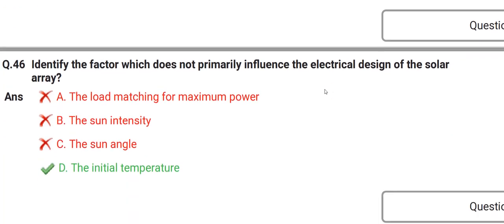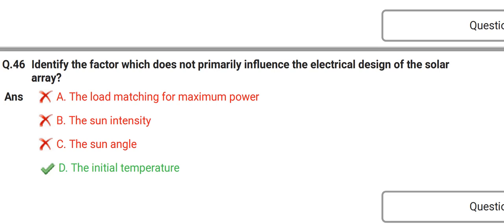Identify the factor which does not primarily influence the electrical design of the solar array. So which is not the primary influence? For maximum power we know that we have to match the impedance, so load matching for the maximum power. The sun intensity we have to take as a primary influence for designing the solar array or solar collector, and the angle of the sun is also a primary requirement.